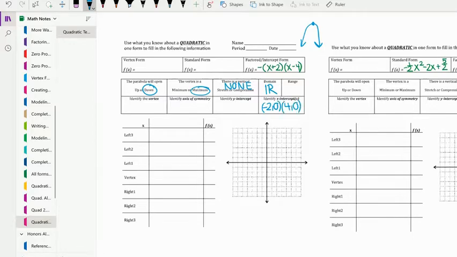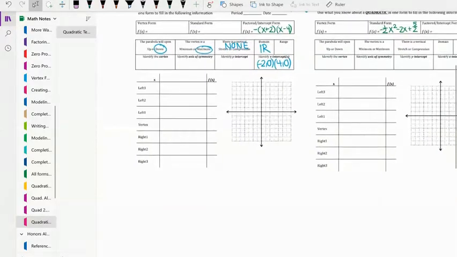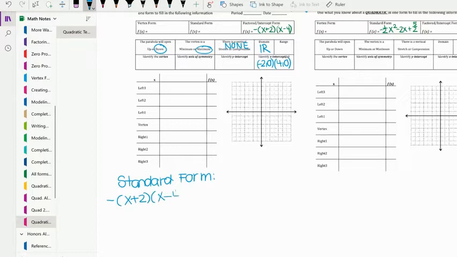Okay, so from here, let's go ahead and put this in standard form first, because that will probably be the easiest. So to put it in standard form, you're just going to multiply out. So we have -(x plus 2)(x minus 4). What we're going to do first is multiply the x plus 2 times x minus 4, and then we'll distribute the negative.